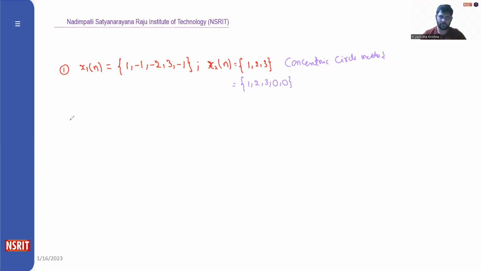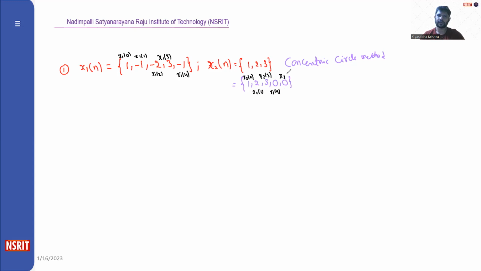The first step: we write x1 of 0, x1 of 1, x1 of 2, x1 of 3, and x1 of 4, and similarly x2 of 0, x2 of 1, x2 of 2, x2 of 3, and x2 of 4.